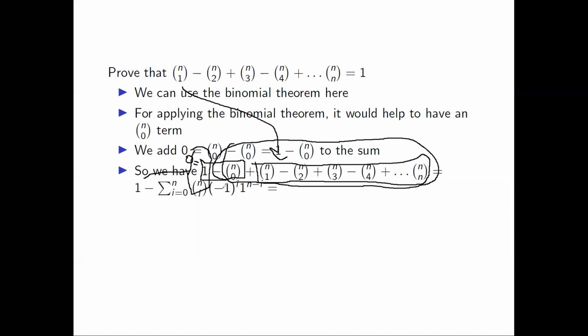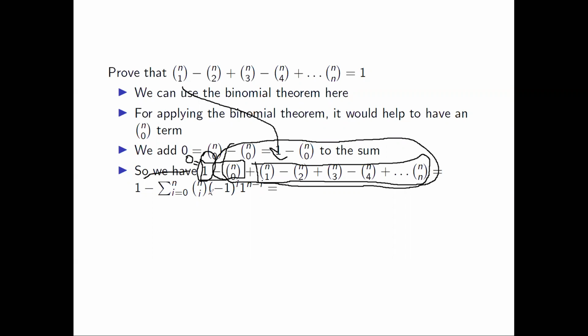And we can write this as the sum from i equals 0 to n of n choose i times negative 1 to the i times 1 to the n minus i. Now, it's kind of weird how I wrote that.